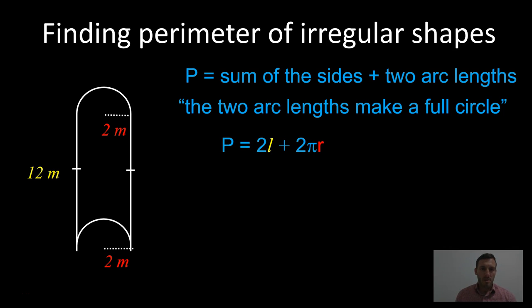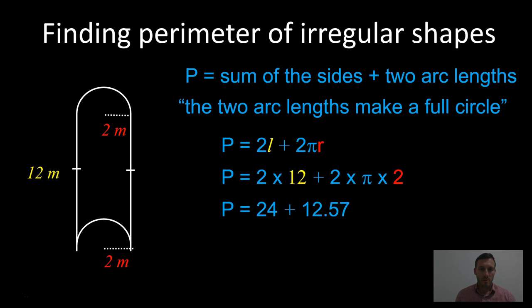So the perimeter is 2 times L plus 2 pi r, which is the circumference of a circle. We get the perimeter equals 2 times 12 plus 2 times pi times 2. The perimeter is 24 plus 12.57, so the perimeter of this irregular shape is 36.57 meters.